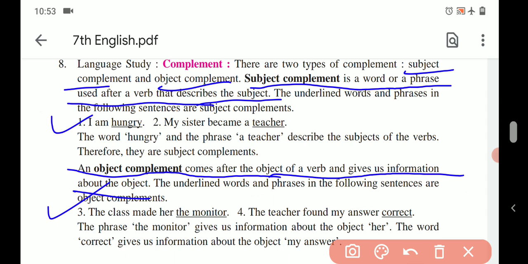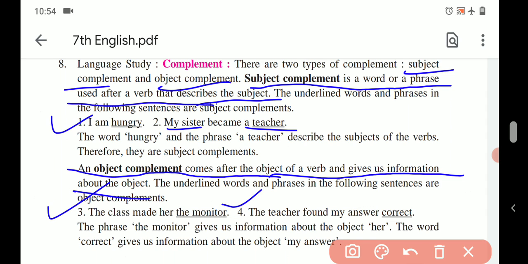Because the direct object gives information about the indirect object. So here the word her and the phrase the monitor, these both are used for the same person. So as their position is in the object, that is part of the object complement. If the information is about the subject, just like my sister and teacher, that is subject complement, right?